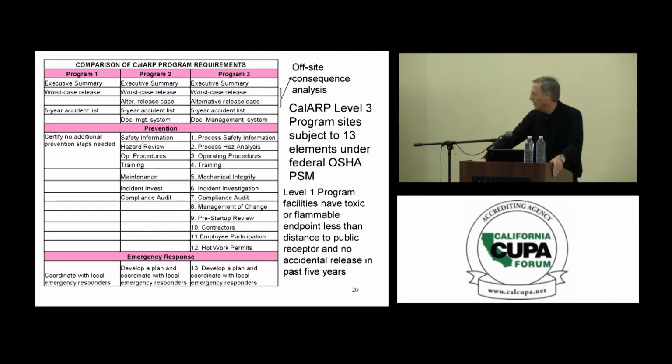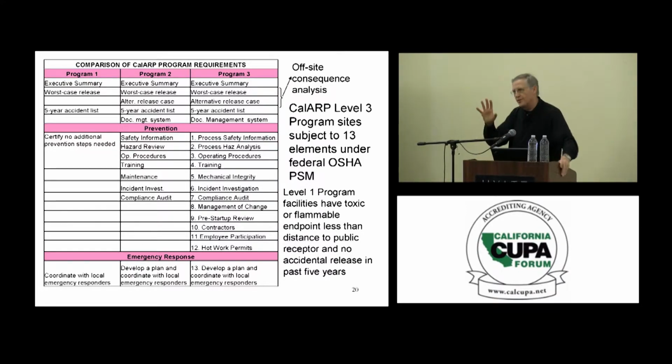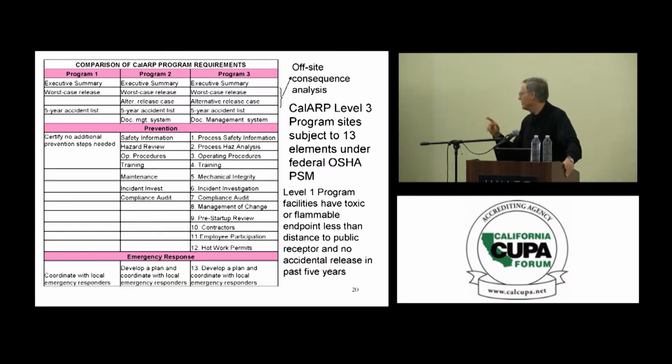Now, under the CalARP system, and I'm just going to breeze through this because I think all of you understand this, there are 3 levels. And in some cases, there are exemptions. And I will tell you this, I was the director of corporate EHS for several large corporations in California.